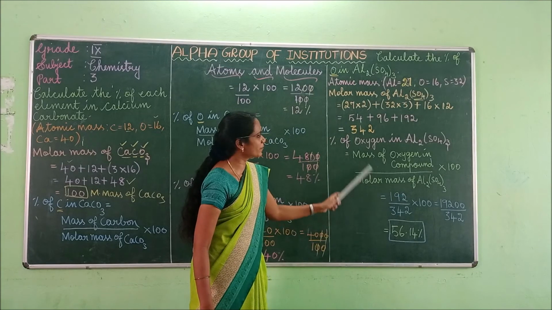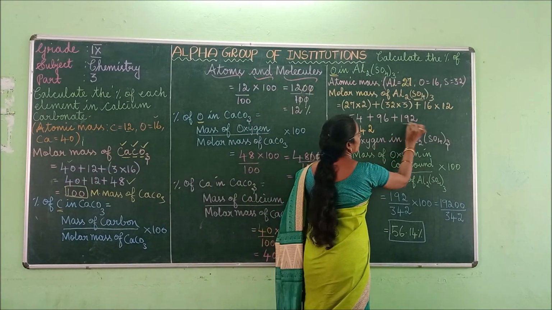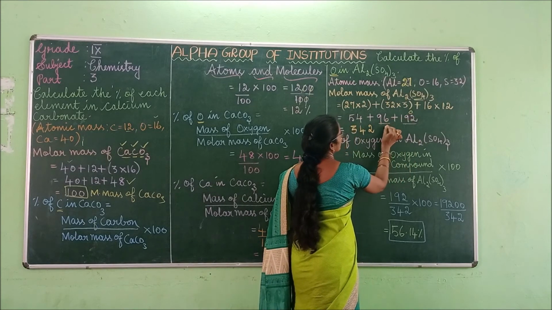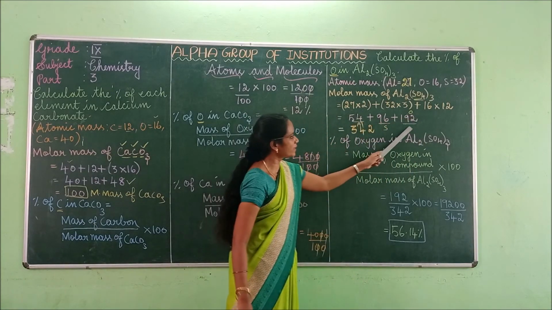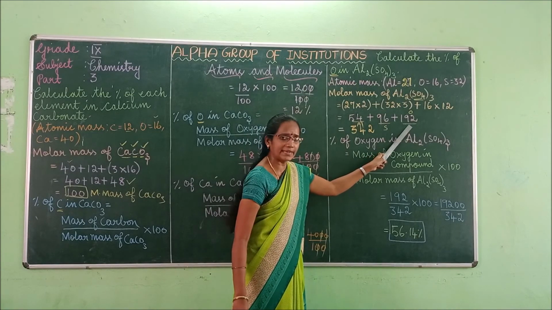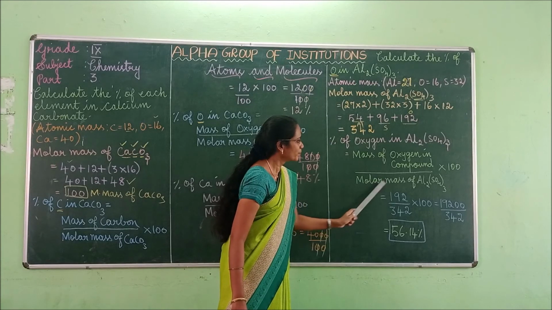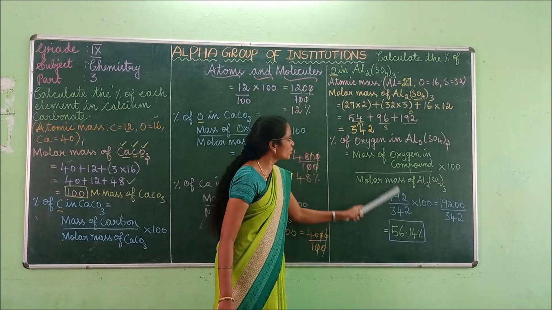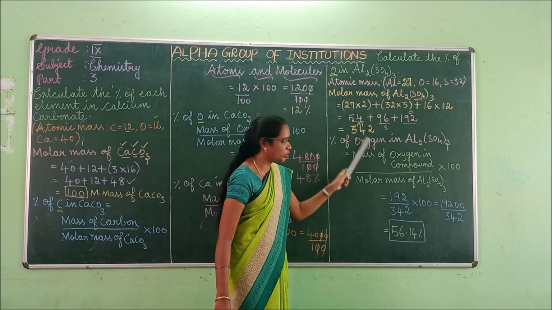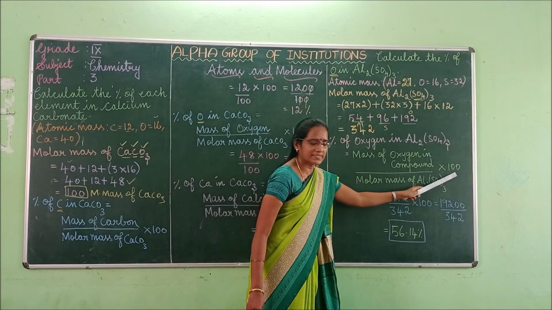Okay, next step: what is the mass of oxygen in the compound? This is the mass of oxygen, this is the mass of sulfur, this is the mass of aluminium. So what is given? It is 192. So put 192 divided by the molar mass of Al2(SO4)3. What is the molar mass? It is 342. So 192 by 342 into 100.